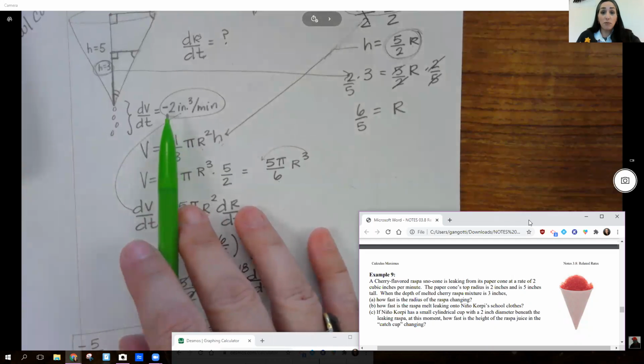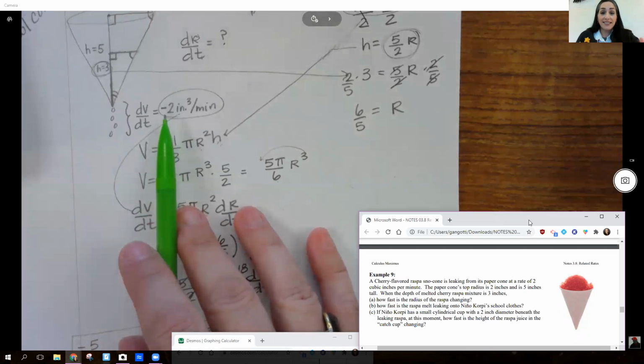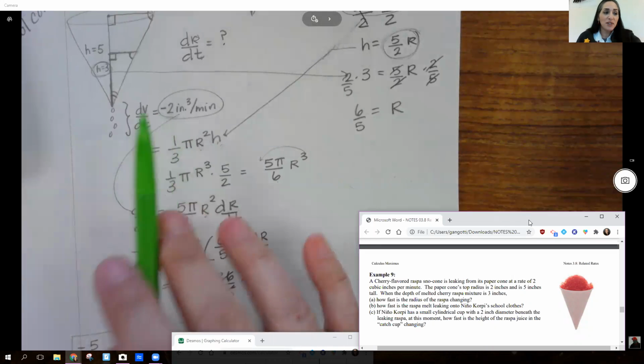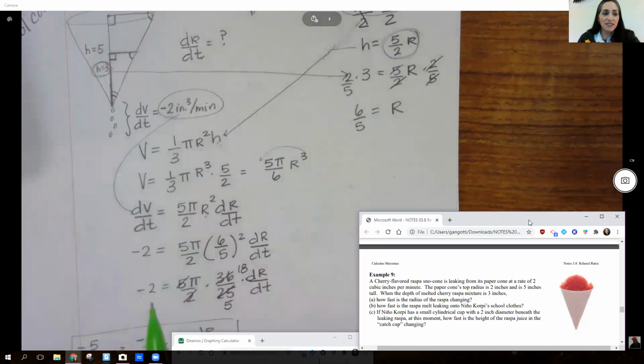His shirt is absorbing, the stain is growing at a +2 cubic inches per minute.